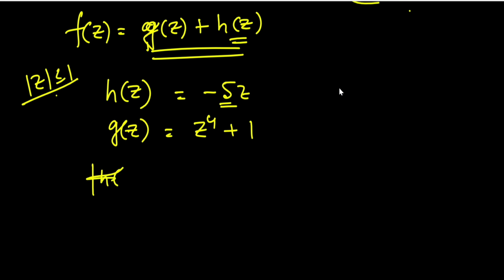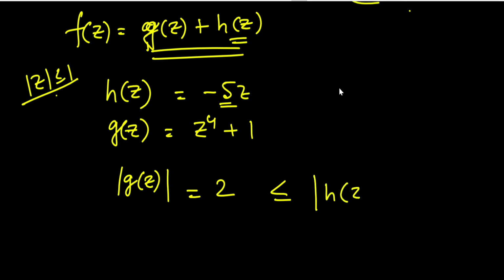Now at mod z equal to 1, mod of g(z), putting 1 here, the maximum value is equal to 2, which is less than or equal to mod of h(z), which is 5.